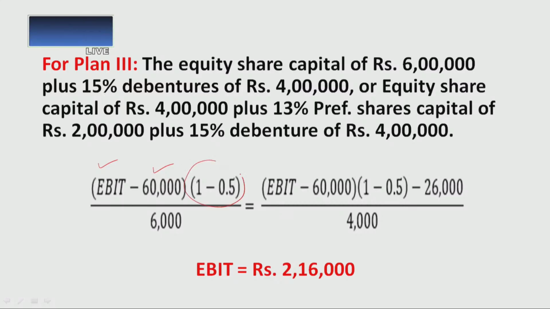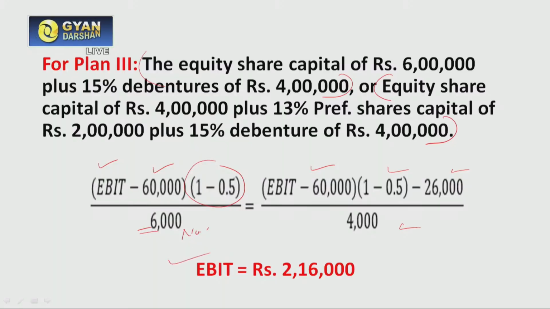Then we have to deduct the tax amount, and the amount has to be divided by the number of equity shares in case 1. On the right hand side we represent this other situation: EBIT minus 60,000, again minus tax, and from this we deduct the preference dividend. It has to be divided by the number of equity shares, and by solving this equation we get the value of EBIT, which is 2,16,000 in our case.